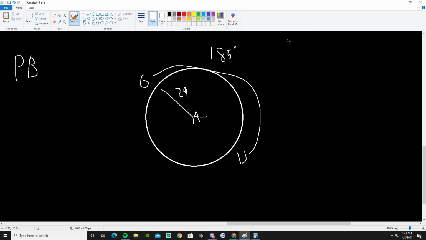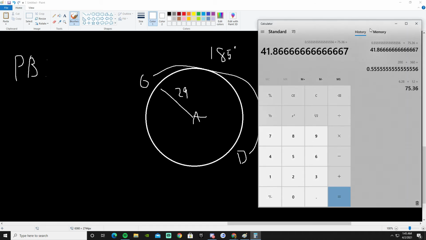So what it would be again would be 2 times pi times 29, since that's the radius, and multiplied by 185 over 360.